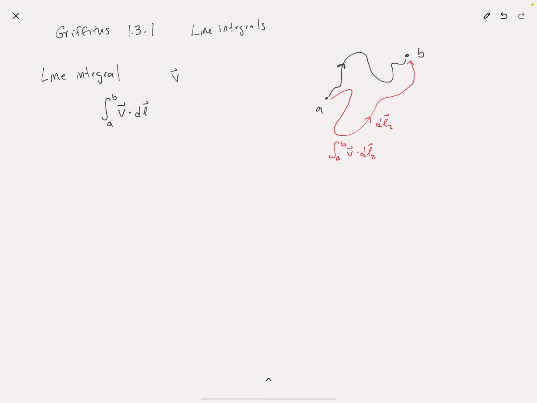Occasionally, we will be interested in what happens as we follow some trajectory, but end at the exact same place that we began.